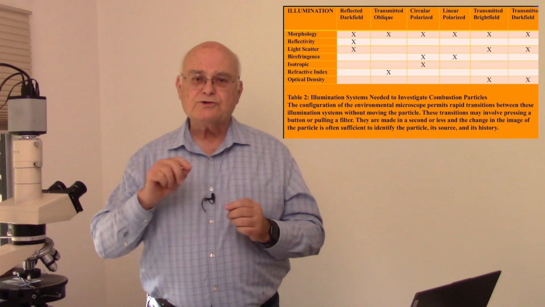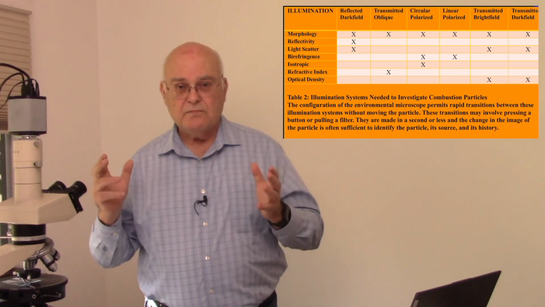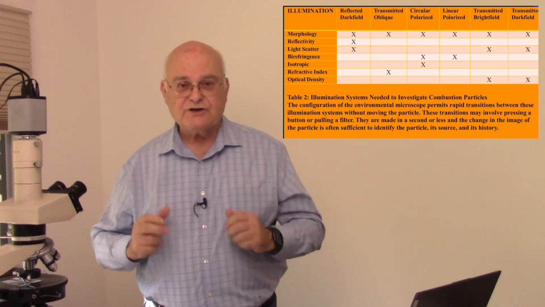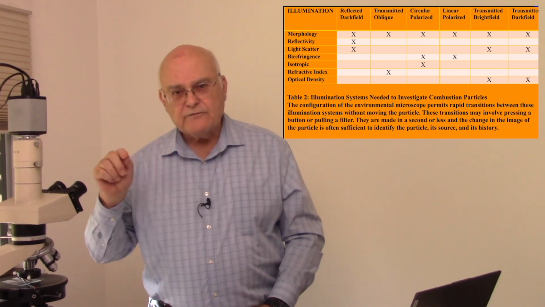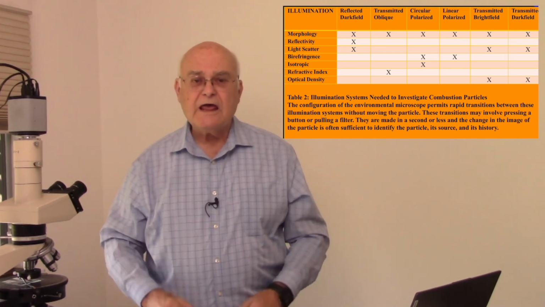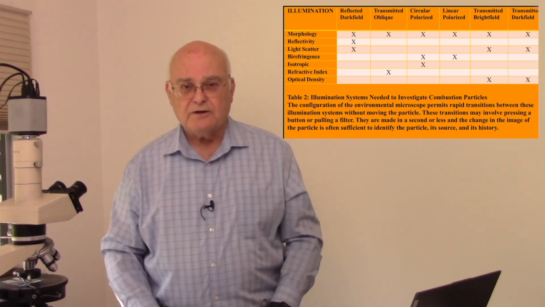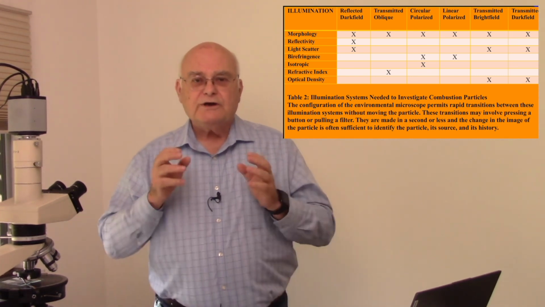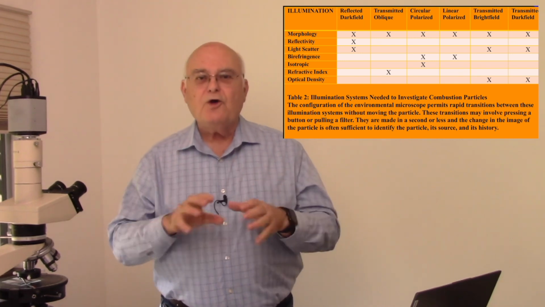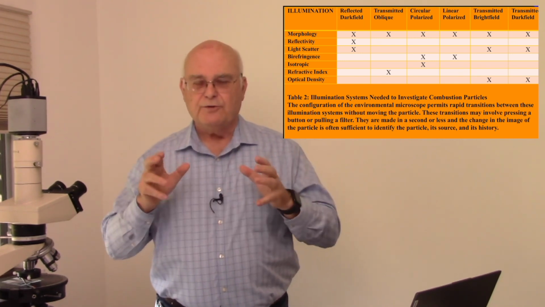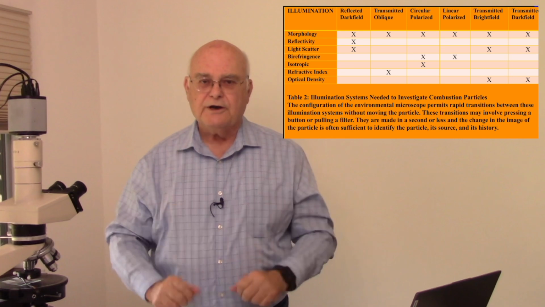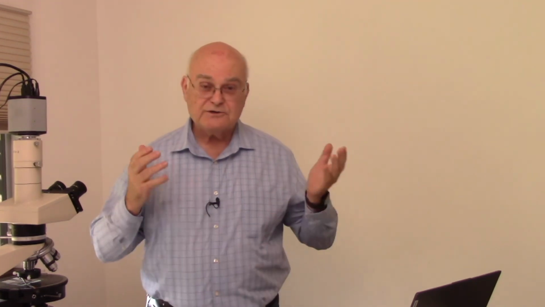So although those are all marked as sources of morphological information, each one of those different types of illumination gives us different information about the morphology of the particle. If we're going to understand the morphology of the particle, we need all those types of illumination in order to understand the particle, just like Henry Baker told us back in 1743.